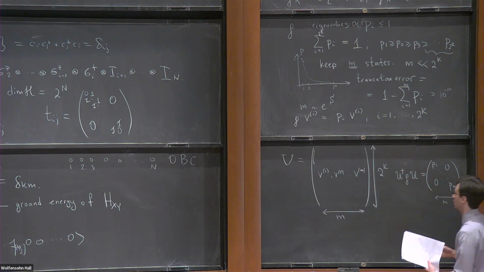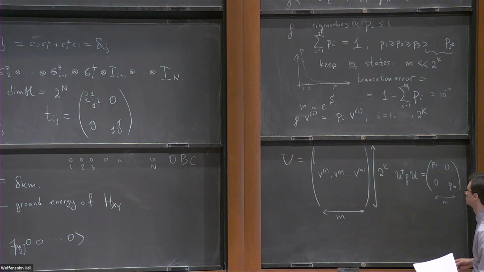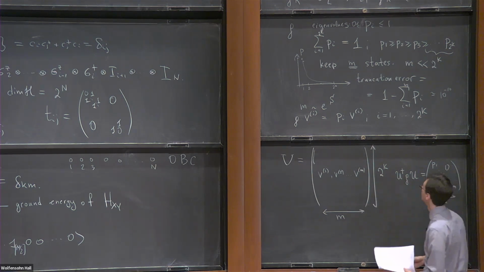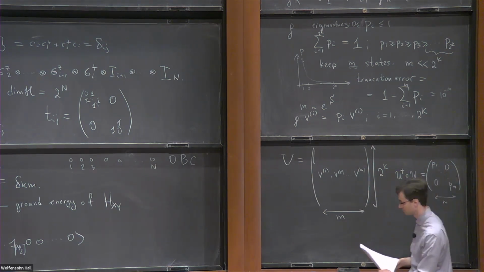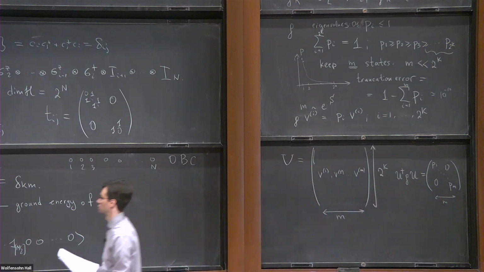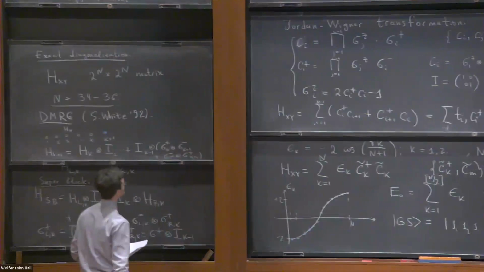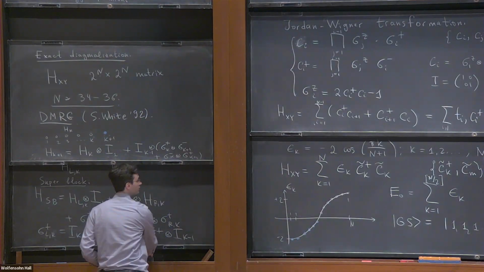Now I do the truncation of my system by conjugating my blocks by this matrix U. So what I do is, all right, let me erase.